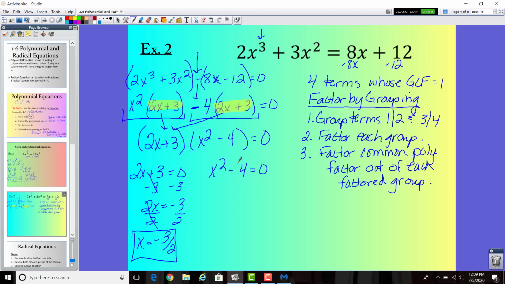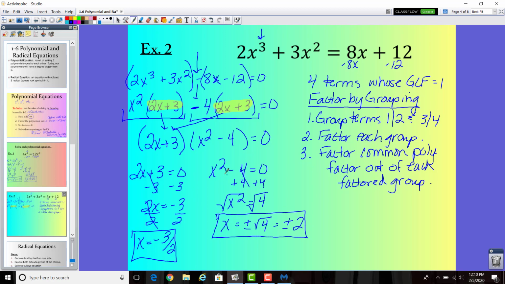This one is quadratic. I could do this one of 3 ways. Since this is the difference of 2 squares, I could factor it into x plus 2 and x minus 2. Since x squared equals 4, I can use the square root property. If x squared equals 4, then by the property, x equals positive or negative square root of 4, which equals positive or negative 2.